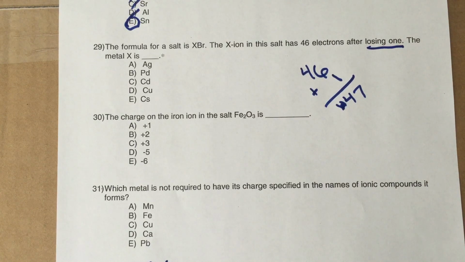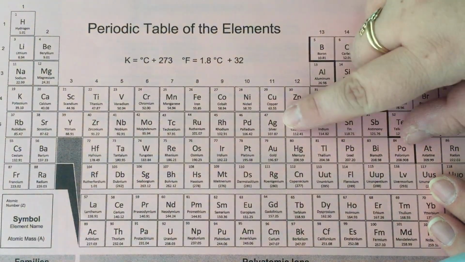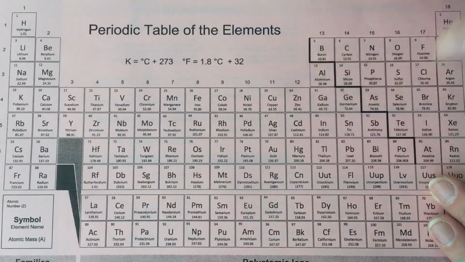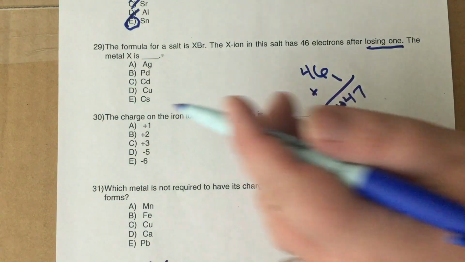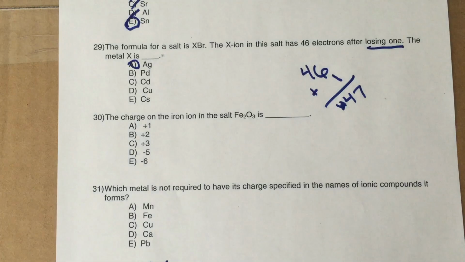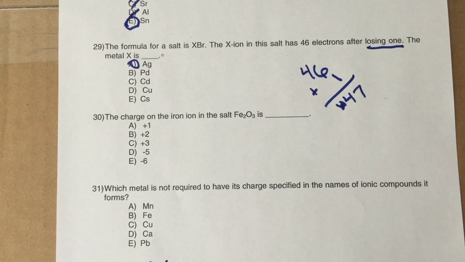If I go to my periodic table here and find number 47, which is right there, it is silver. So that means letter A. That one is a more difficult question. The thing is, you have to think about losing or gaining and what charges they are.